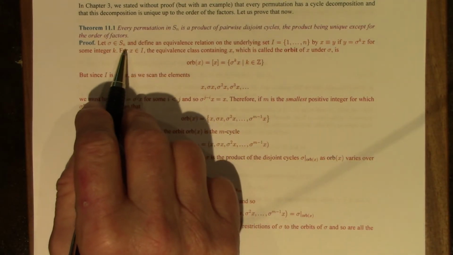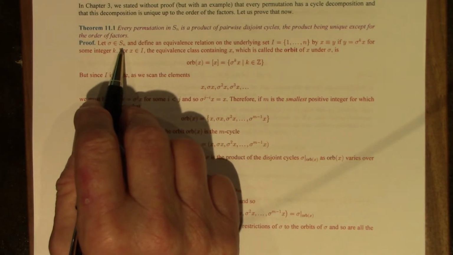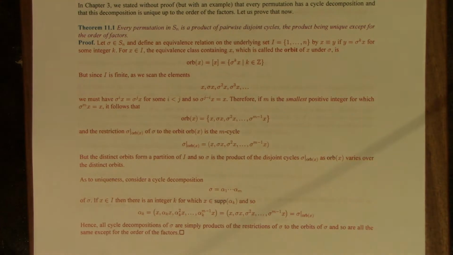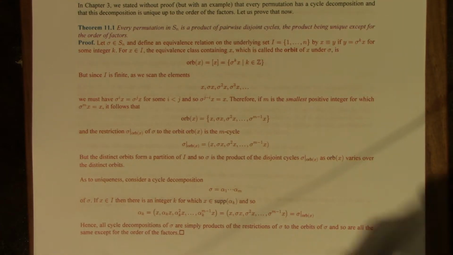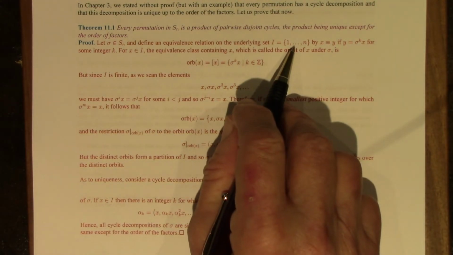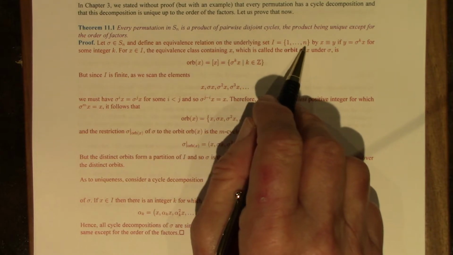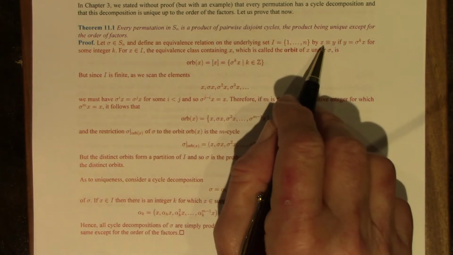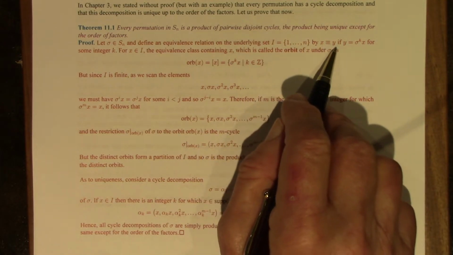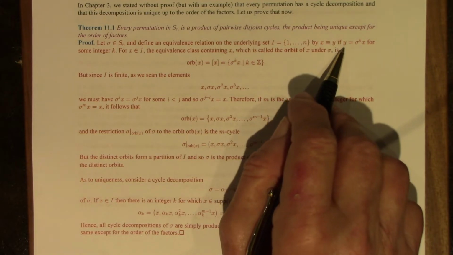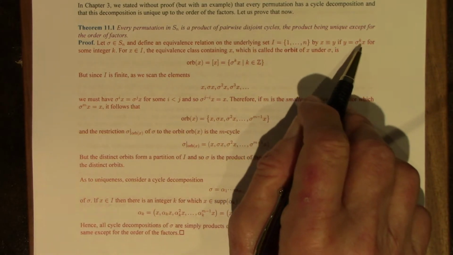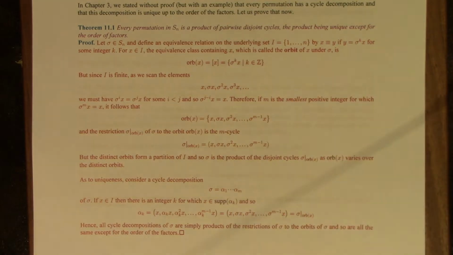Let sigma be in Sn and define an equivalence relation on the underlying set for Sn, which is 1 through n, by x is equivalent to y if y is equal to sigma to the k of x for some integer k. I'll leave it to you to show this is an equivalence relation.